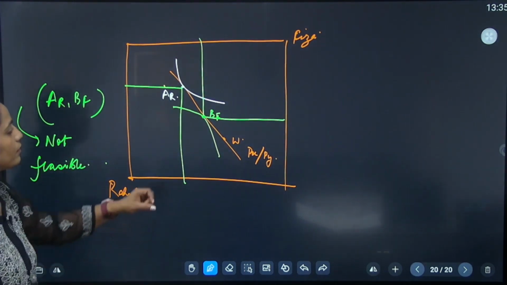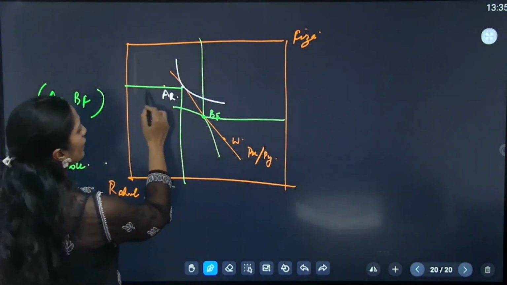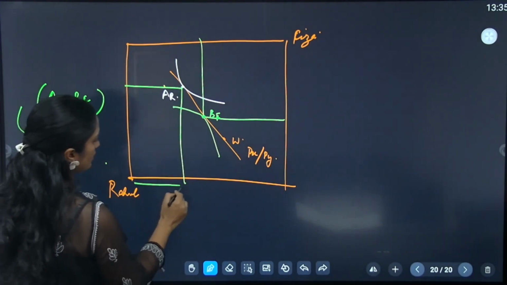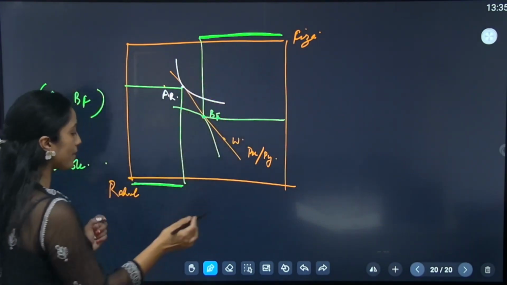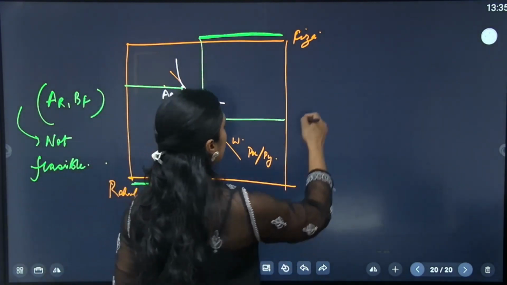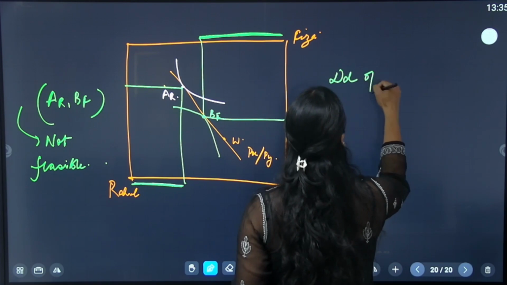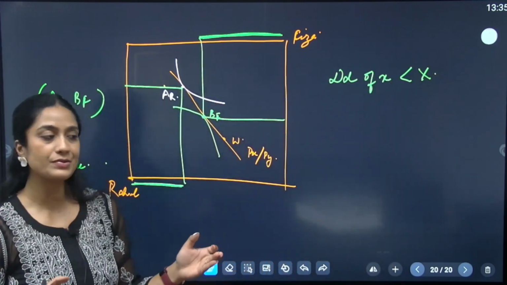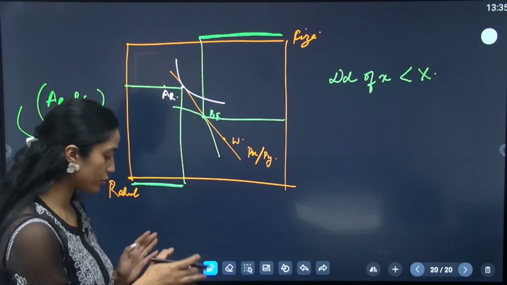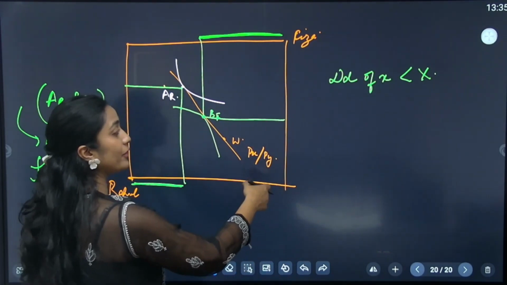Look here, the demand for X is this plus this. So demand for X in this allocation is less than the total supply of X that is available, the total available units of X.